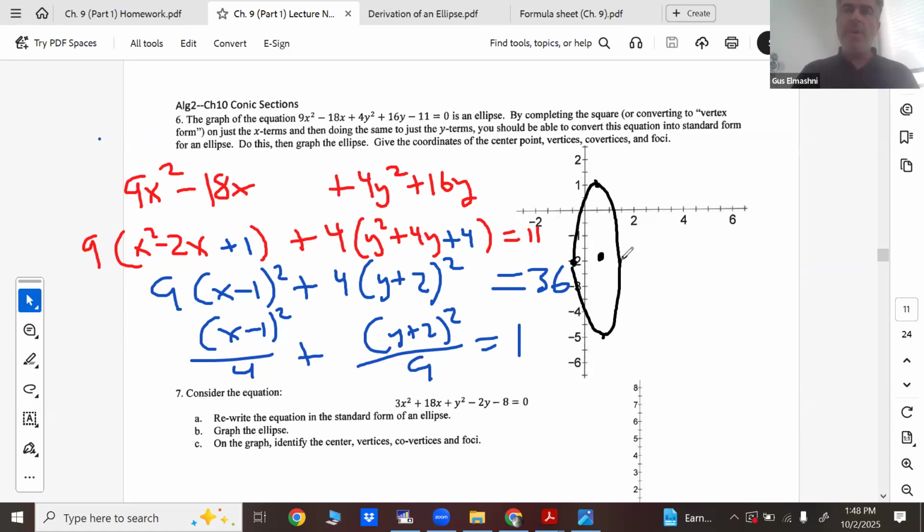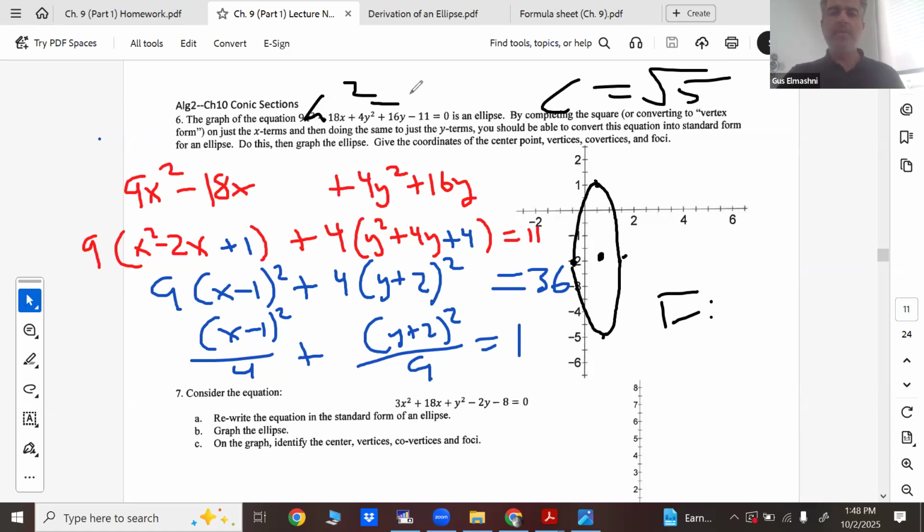But when we do the foci, you're always going to add it to whatever coordinate stays fixed on the major axis. So actually, let me do the foci because that might be important. Your C value is going to be √5. Do you see why C is √5? A squared minus B squared equals C squared, right? So I have to go √5 up and √5 down. X stays fixed, Y does not.